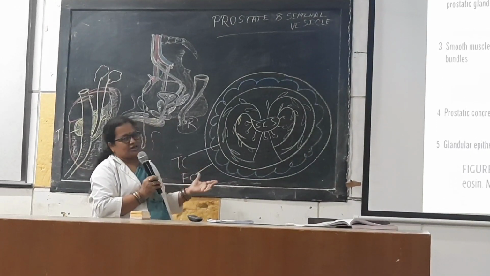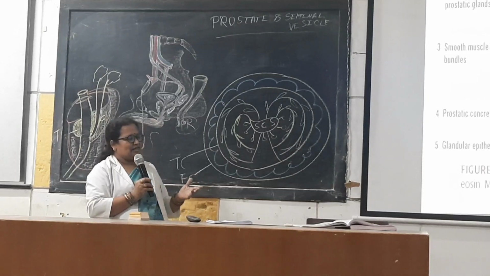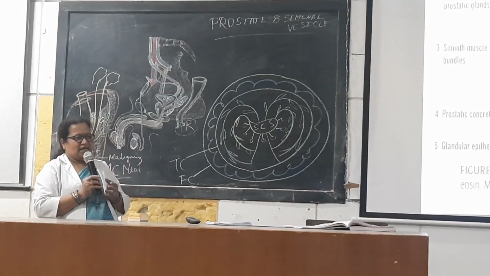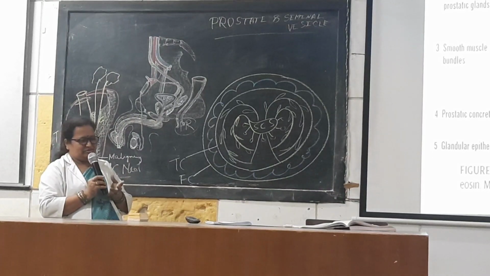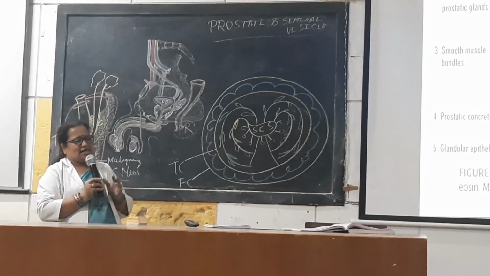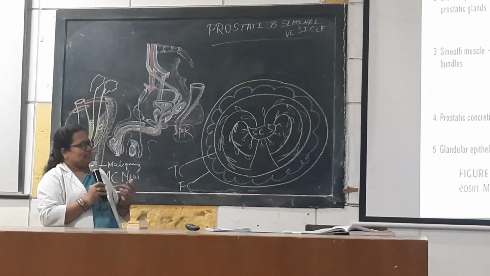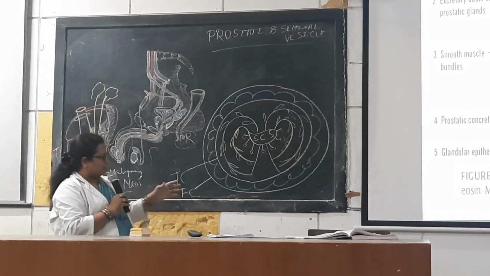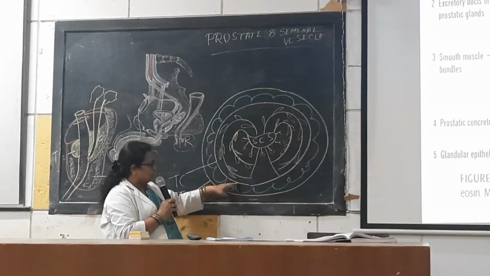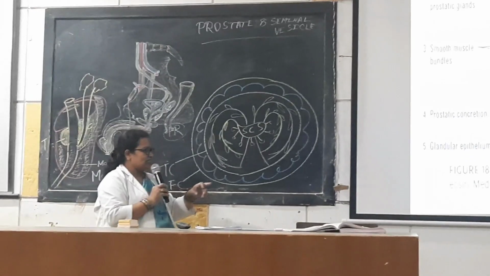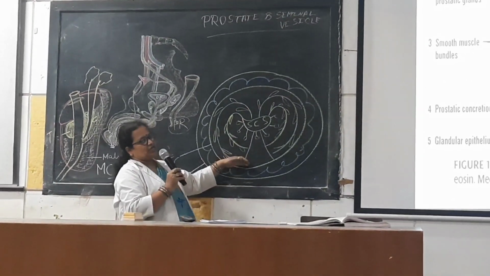But in the thyroid gland, what happens? The thyroid is similarly covered by a true capsule, which is a condensation of fascia, and a false capsule, made up of pretracheal fascia. In the prostate, the venous plexus lies between the true and false capsule, but in the thyroid it lies beneath the true capsule.